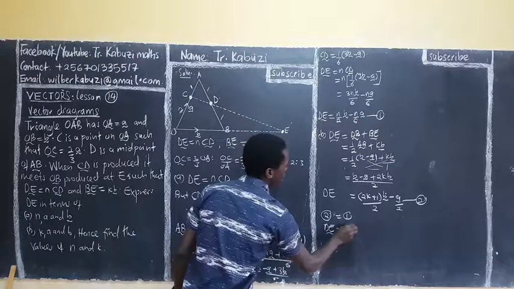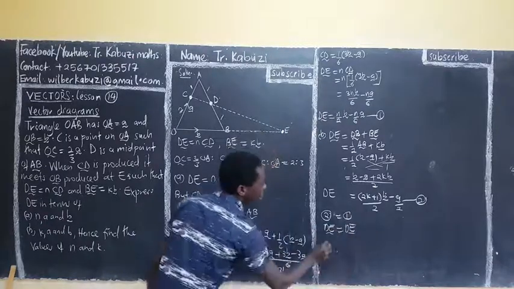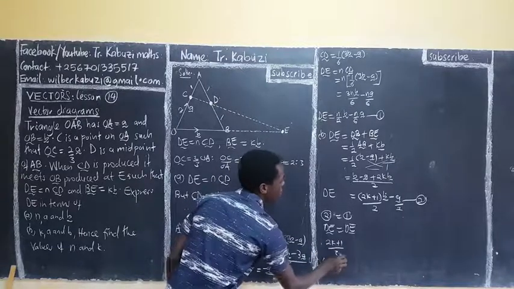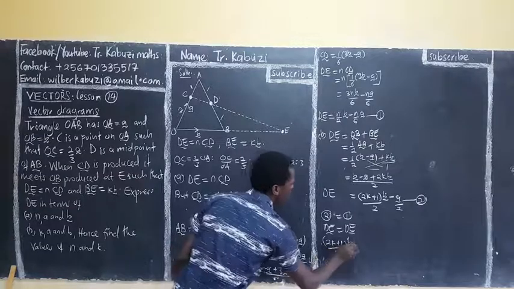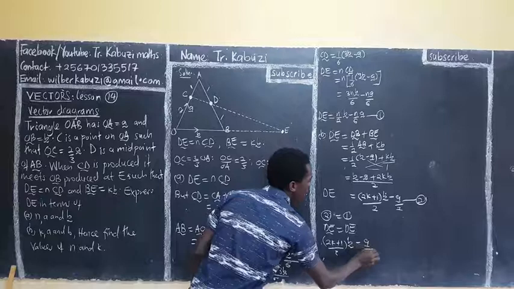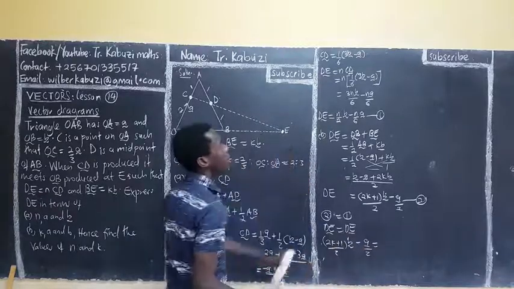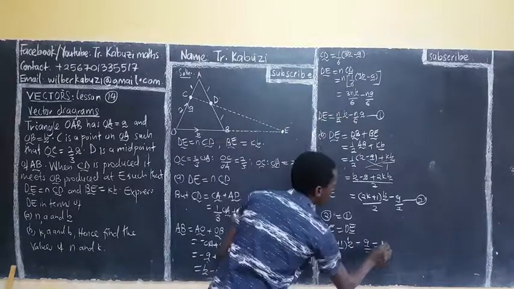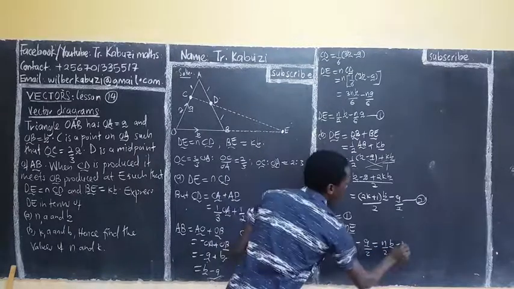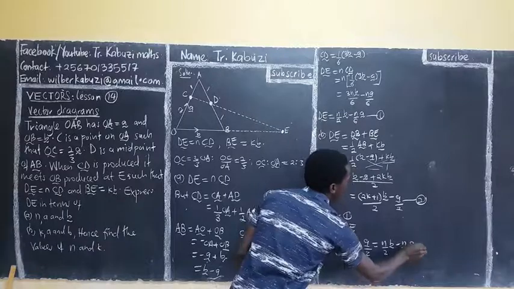So this is (2K plus 1) over 2, the whole into B, then minus A over 2, equal to this DE here: N over 2 B, then minus N over 6 A.